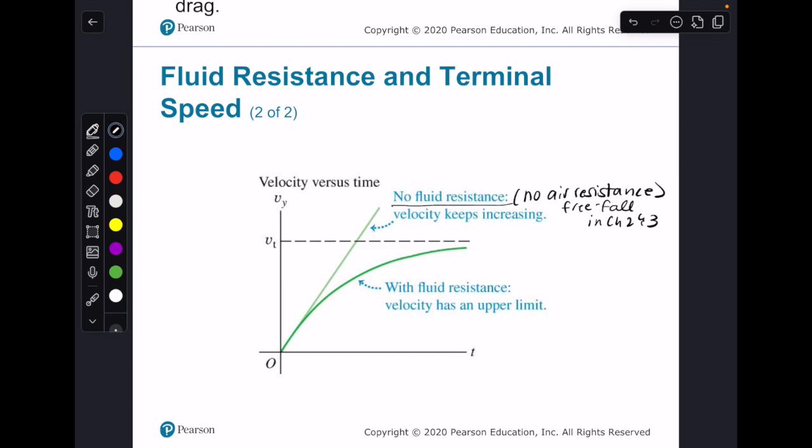And so that's going to keep increasing your velocity in the negative y direction forever and ever. But when you do incorporate fluid resistance, your velocity will taper off and eventually come to an equilibrium. And that equilibrium is when the sum of all the forces in the y equals 0.